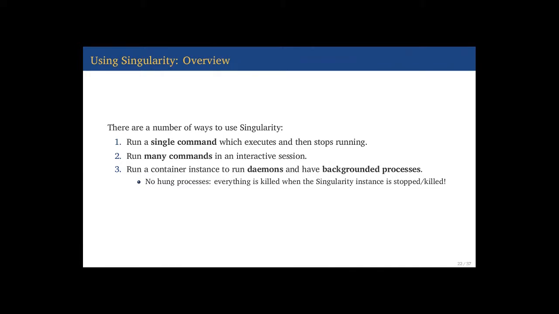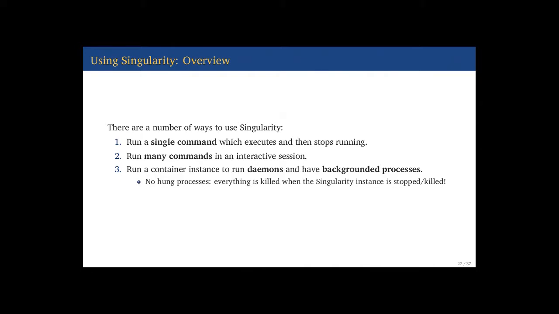And then finally, an important use case, Singularity allows you to run instances, daemons, that have background processing. And unlike Singularity 2.3, 2.4 won't cause these weird hung processes. For example, if you were in an interactive session and you backgrounded a program, if you were running an instance and you backgrounded it, everything in the instance is going to be okay.